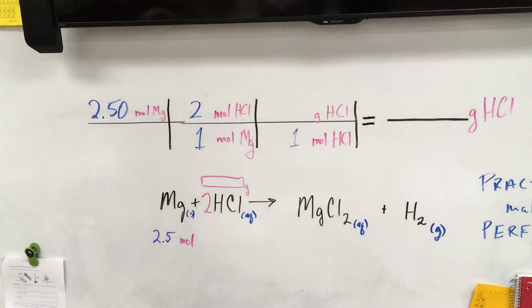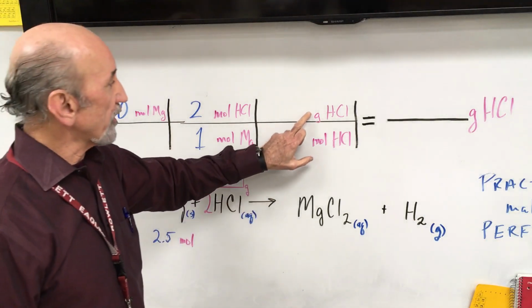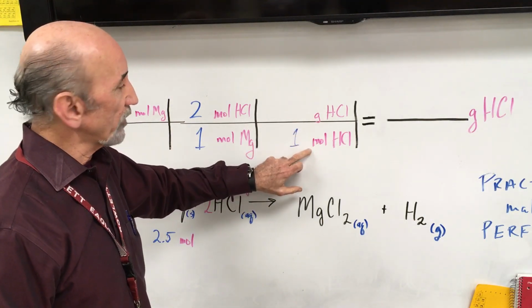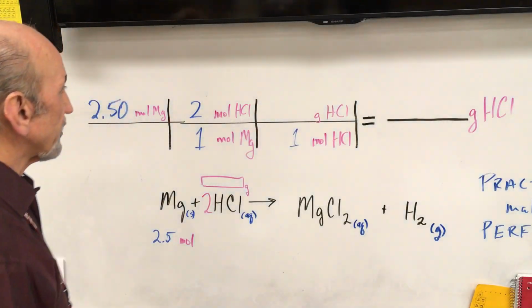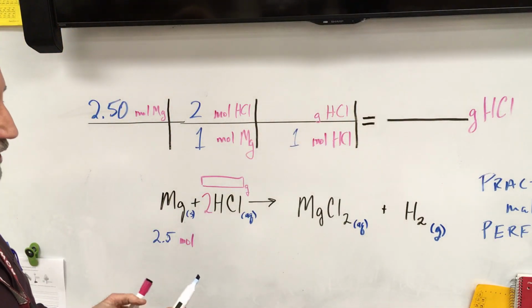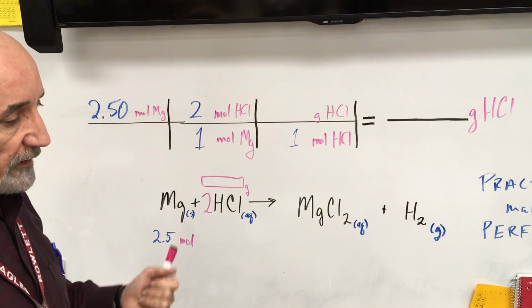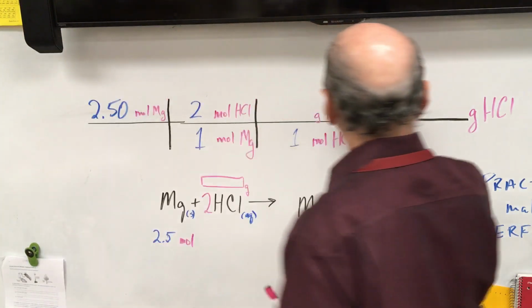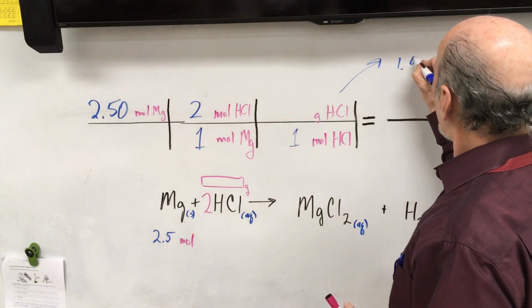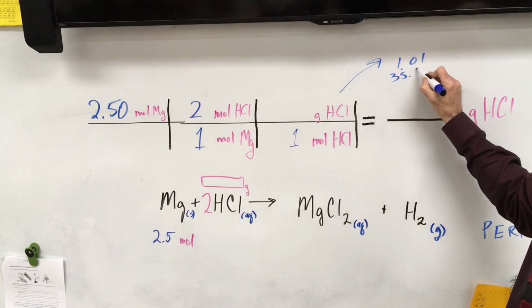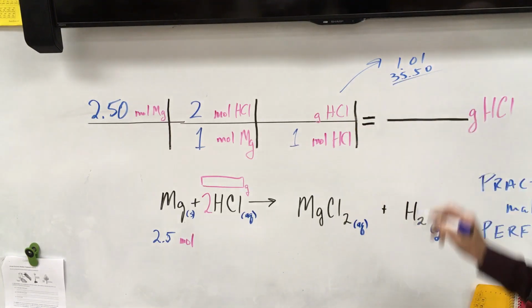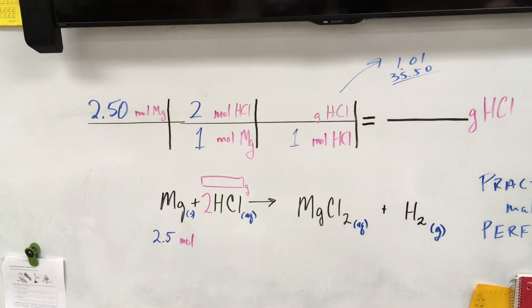Okay, that part's done. We have one thing we have to do, and that is we have to get the grams of hydrochloric acid in a mole of hydrochloric acid, and the only place you can get grams is from the periodic table. So you would go over there and you would say hydrogen 1.01 and chlorine 35.5, and I believe that's what they have that rounded to.